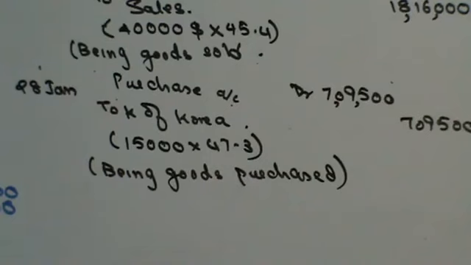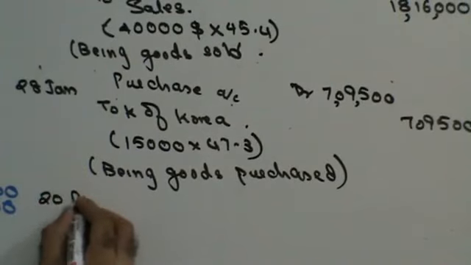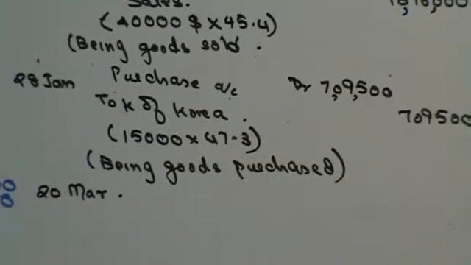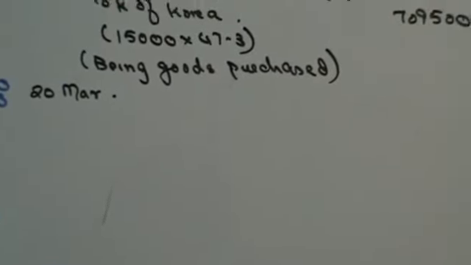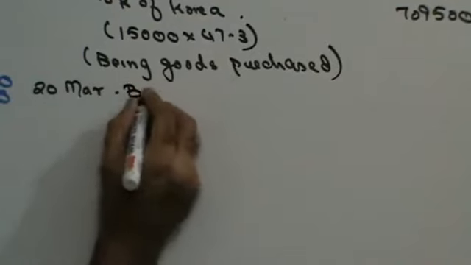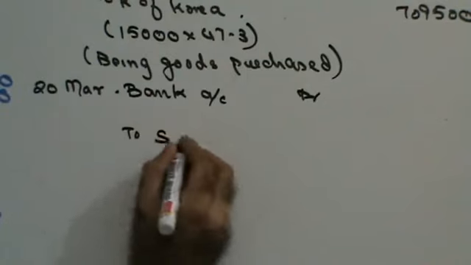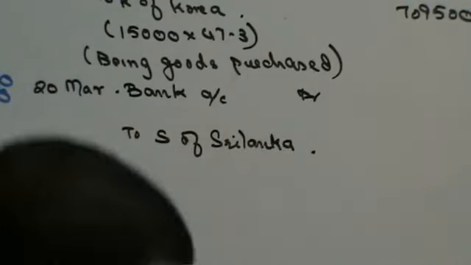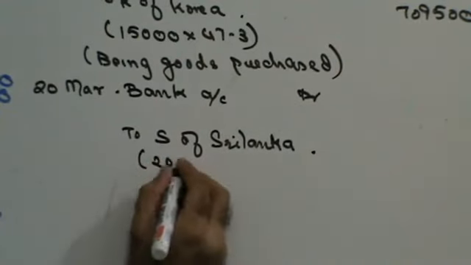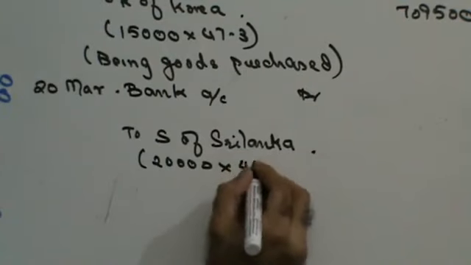Right? Okay. Now, after 28th Jan, you have 20th March. On 20th March, $20,000 was received from S of Sri Lanka. Money is coming in. Bank account debit. Leave a line to S of Sri Lanka. You are receiving $20,000. You had sold to S of Sri Lanka at 45.4.